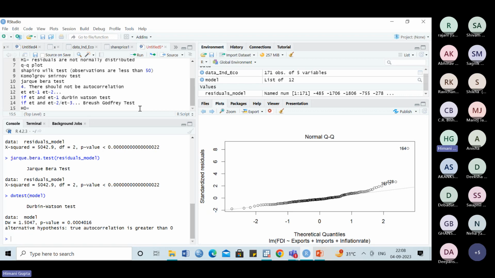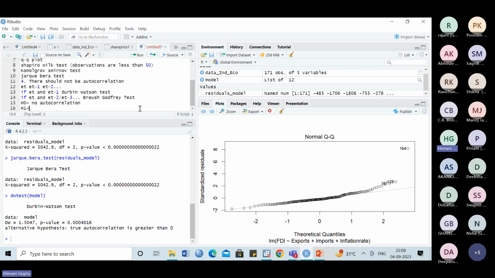There is autocorrelation or there is no autocorrelation? H0 says there is no autocorrelation. And H1 means there is autocorrelation. You will see the p-value is less than 0.05, so we will go with H1. So there is autocorrelation.